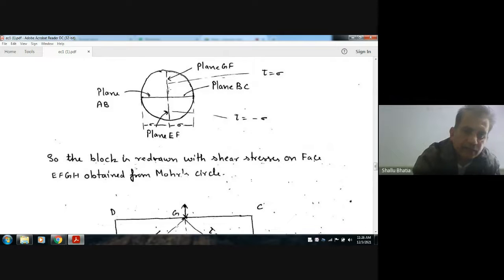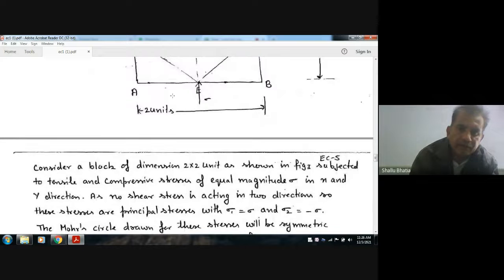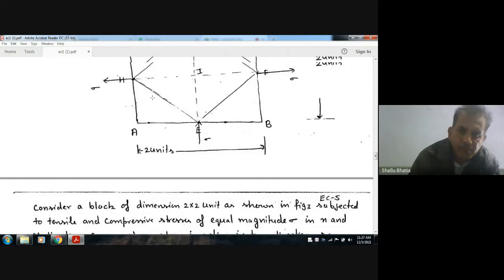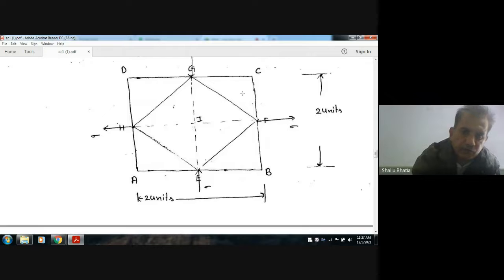Then the plane at 90 degrees to plane BC in the Mohr circle will be at 45 degrees to BC here. So it will be plane GF.